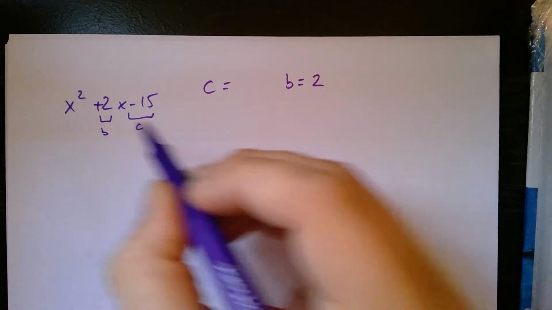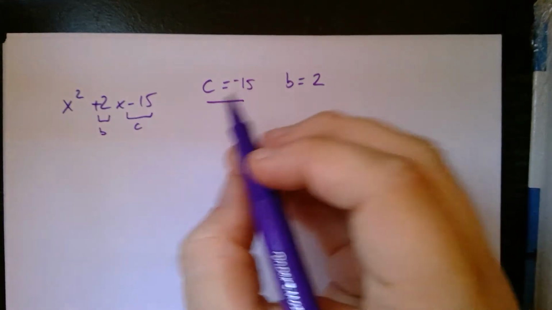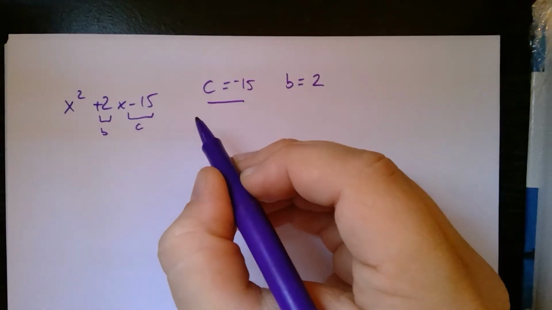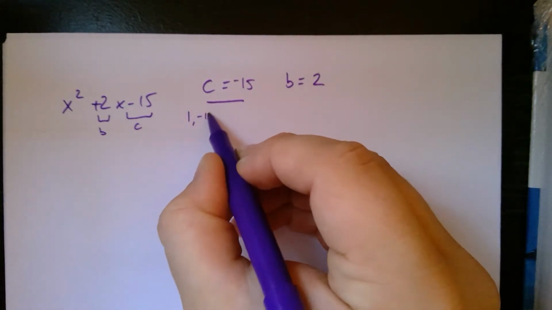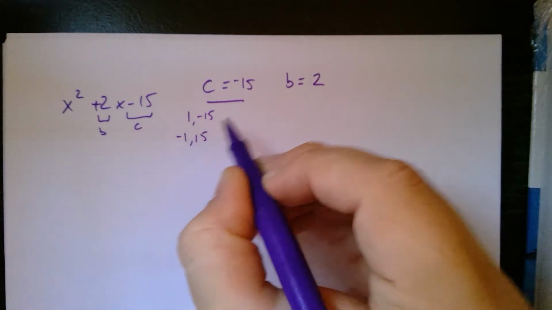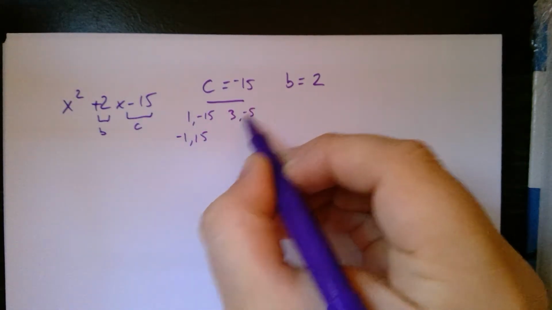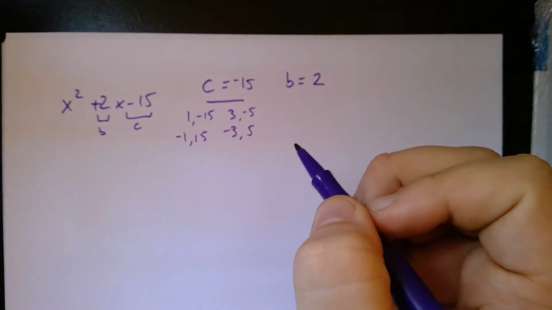Okay, b is the whole positive 2, but c is negative 15. So our factor pairs of negative 15 are pairs of numbers that multiply to make negative 15. So we have 1, negative 15. Let's see, we'll go negative 1, 15. 3, negative 5, and negative 3, 5. So that's all that's going to be for this one.